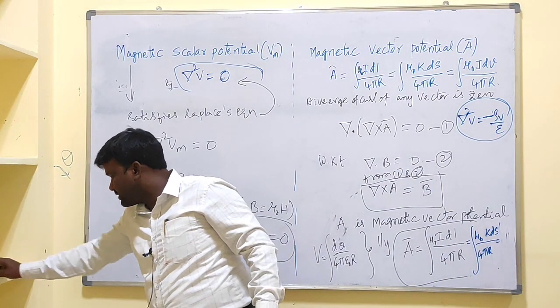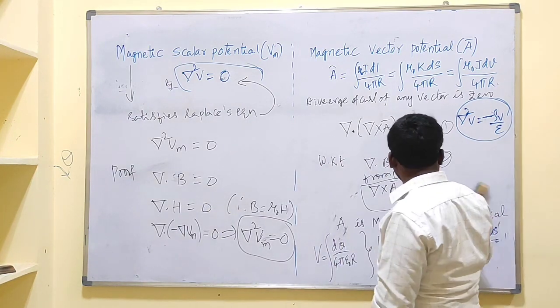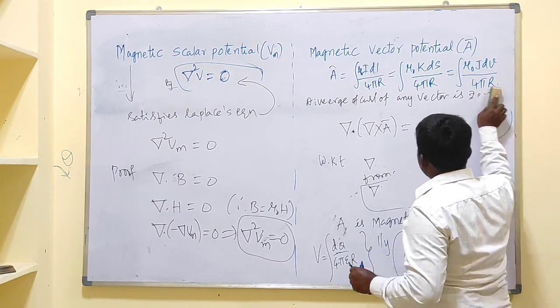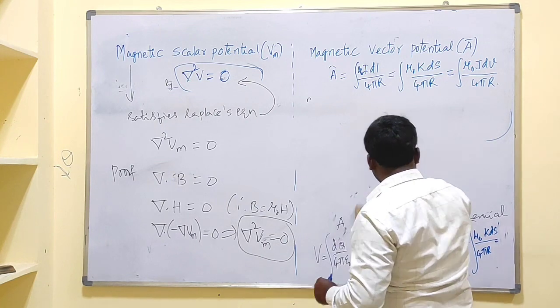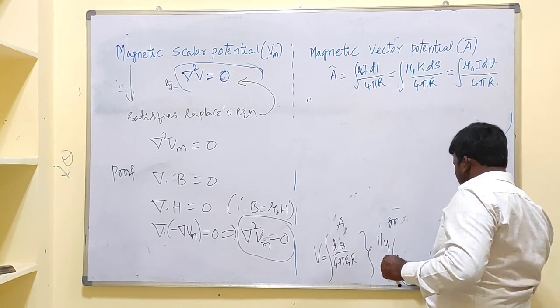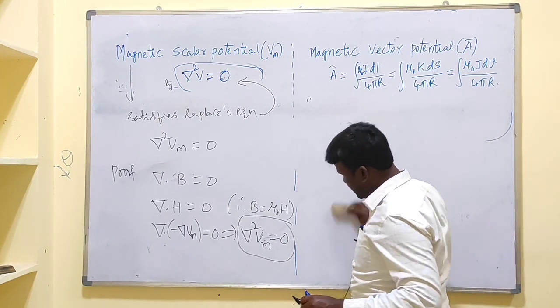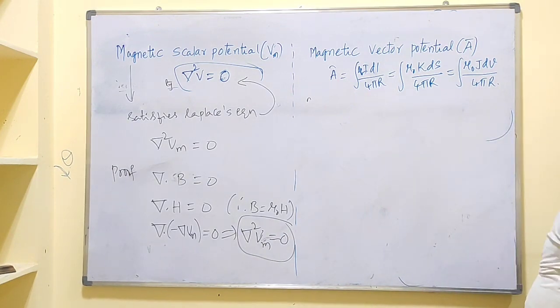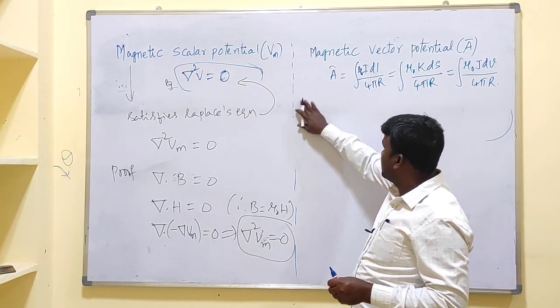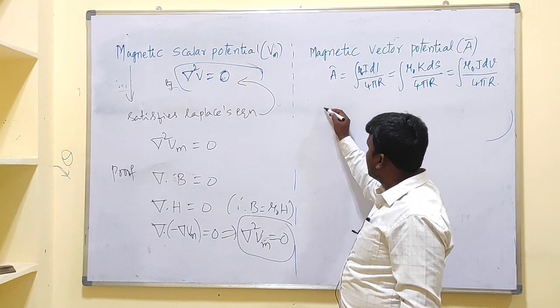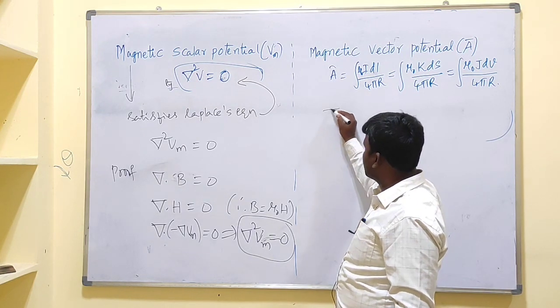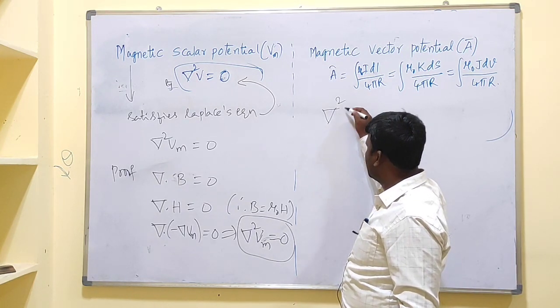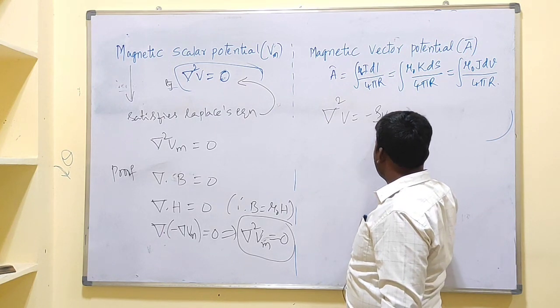Magnetic scalar potential satisfies the Laplace equation, whereas magnetic vector potential satisfies Poisson's equation. Poisson's equation is given by del square V equal to minus rho V by epsilon naught.